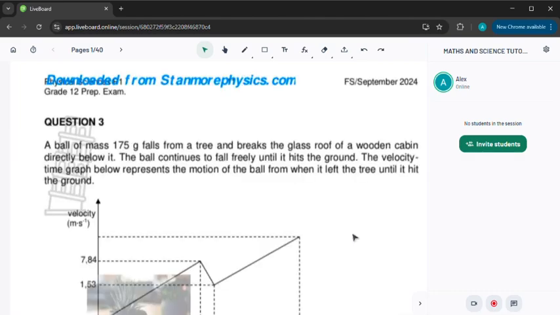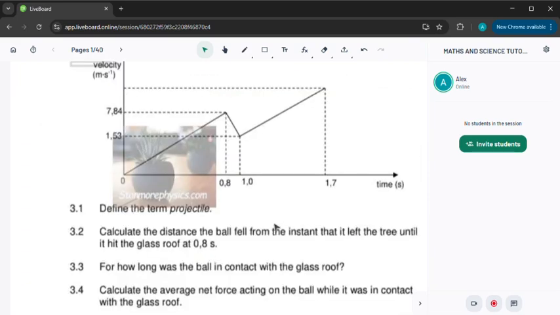So when the ball was in contact with the ground, that is the difference between 1,0 and 0,8, right? So 1,53, can you see 1,53? That is our velocity at a time of 1 second, right?